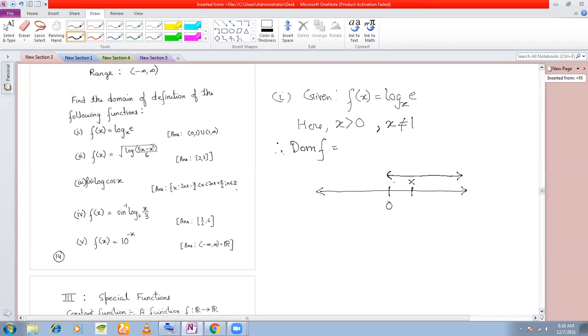So the domain of f has to be: you start from 0 to, and you don't touch 1 because x cannot take the value 1. So (0, 1), and what else? Union. From 1 again you start and continue till infinity, (1, ∞). So this is the domain of f.